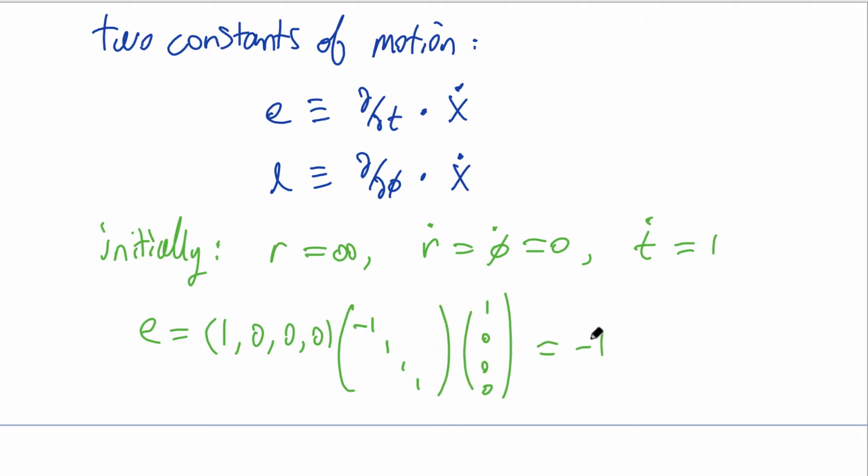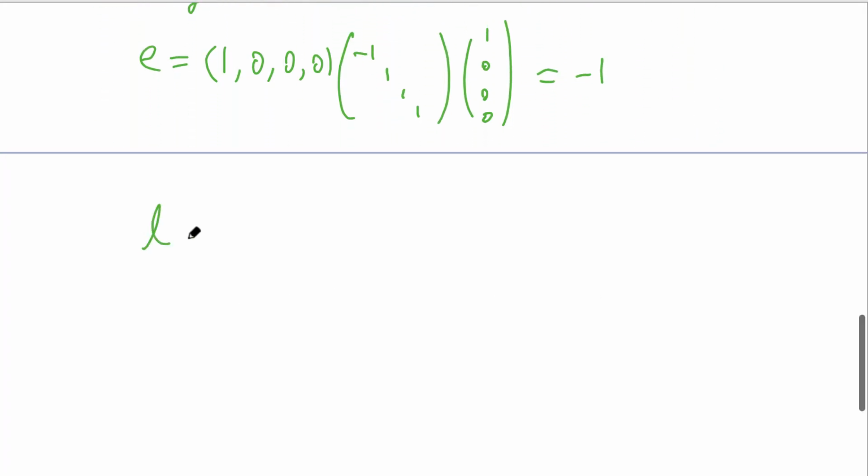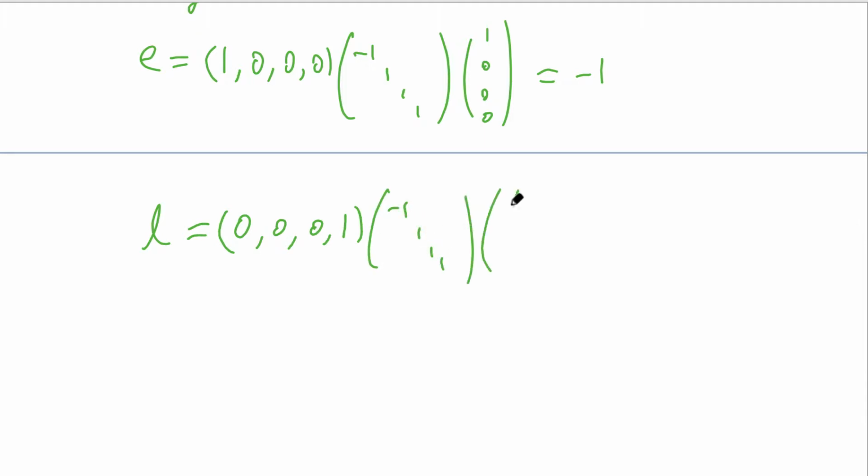So this is minus 1. e is minus 1. And now for l, we have the vector d/dphi, which has components 0, 0, 0, 1, times the metric at infinity, times the initial forward velocity, and that's just equal to 0. So little l is 0.